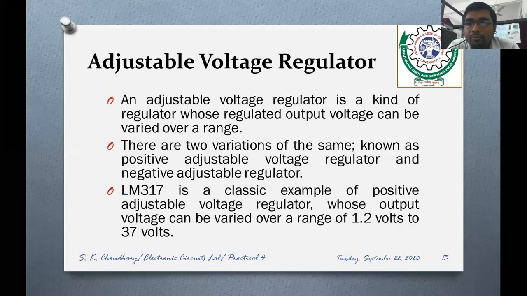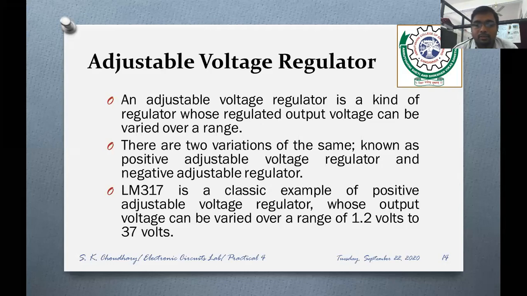So today we are going to learn about the adjustable voltage regulator. An adjustable voltage regulator is a kind of regulator whose regulated output can be varied over a range. Today we are going to learn about the LM317. It is a positive adjustable voltage regulator and its output voltage can be varied over a range of 1.2 volt to 37 volts.